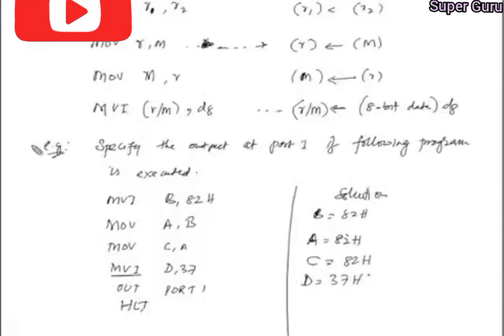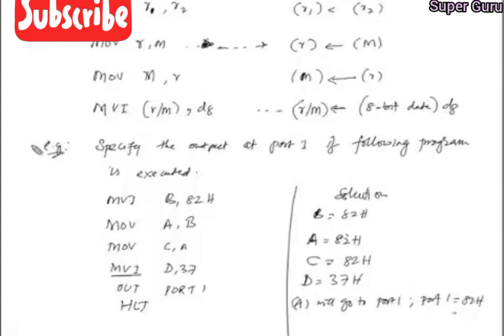Then OUT port 1: now A will go to port 1. Therefore port 1 is equal to 82H. So this is the explanation of this program.